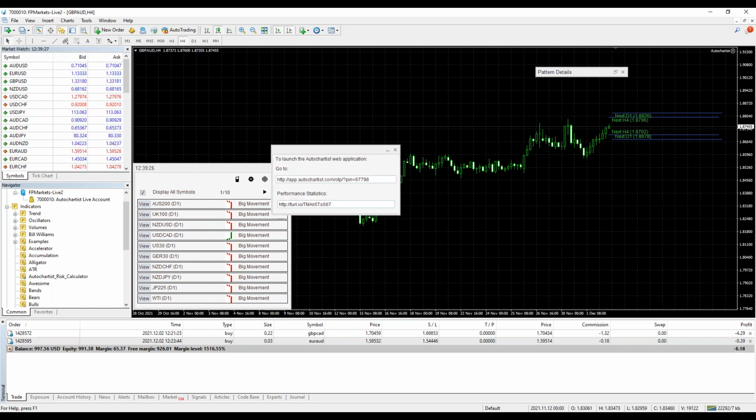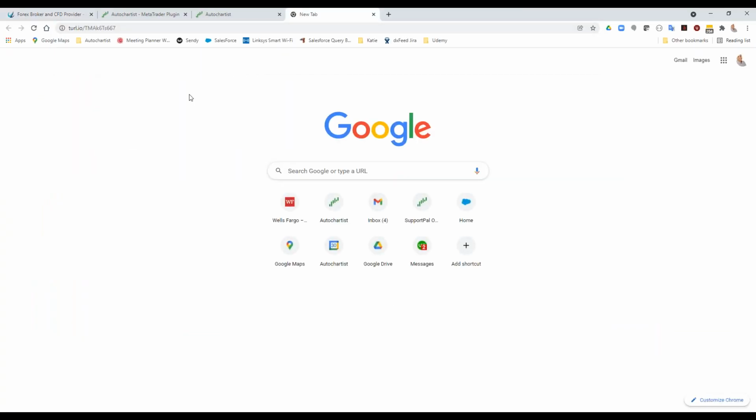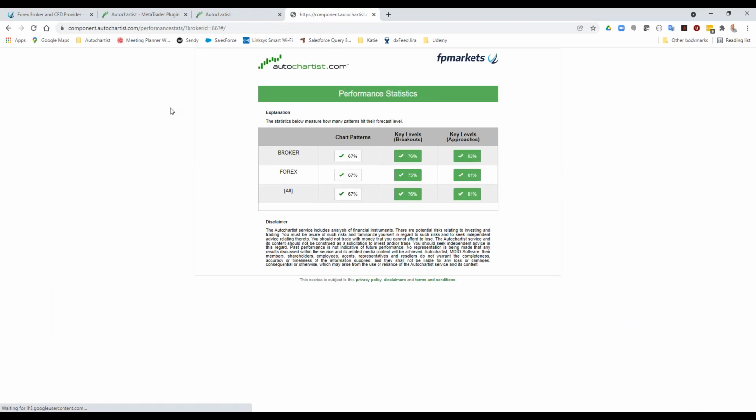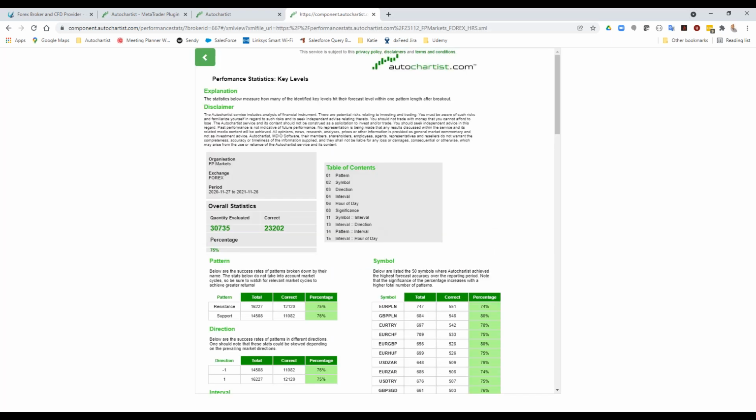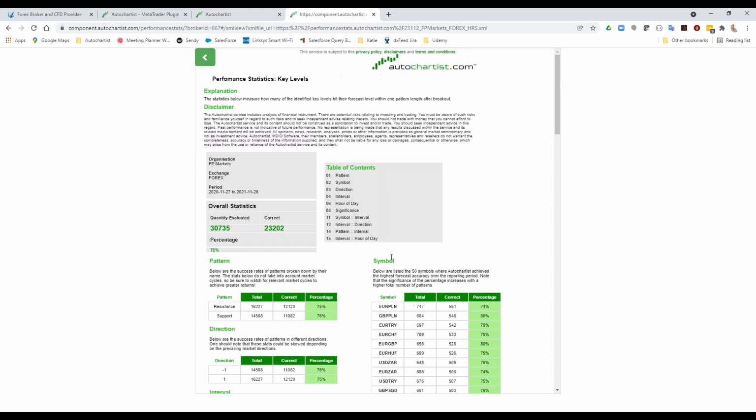We have these interesting performance statistics, which is the past performance of Autochartist over the last 12 months, and it shows you which patterns we identified, on which instruments we did well, or which we did badly. Again, I'll have to heavily disclaim that presentation, our third webinar.